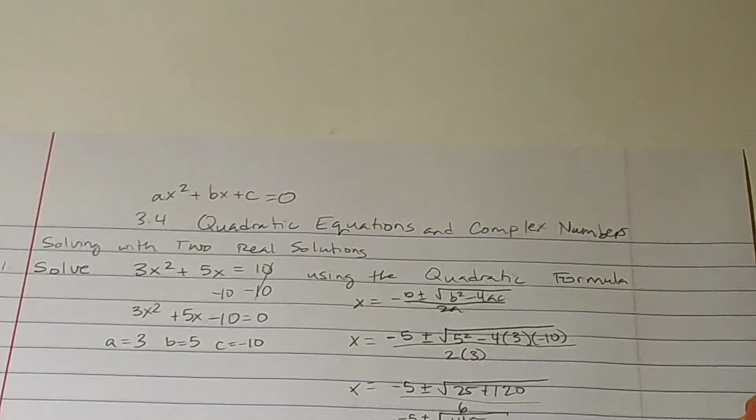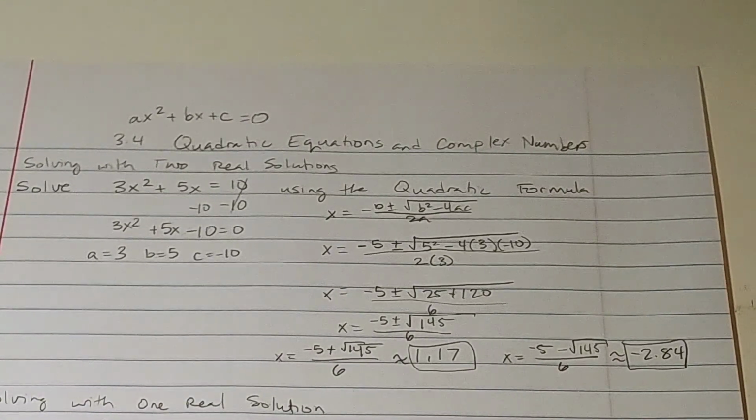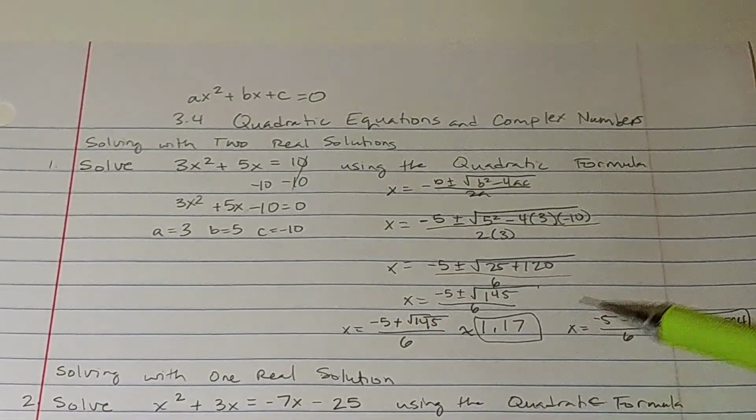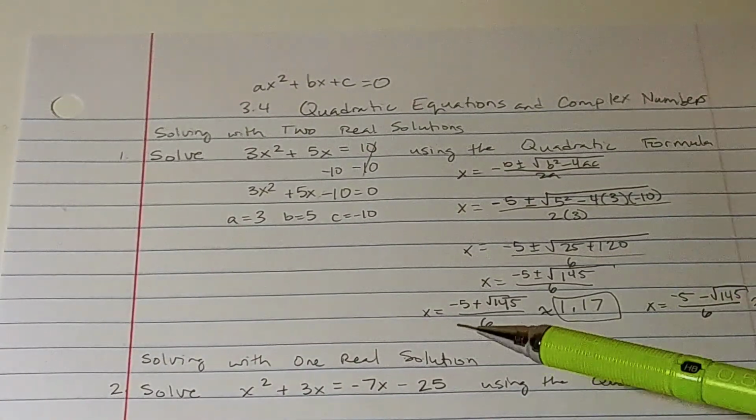And there we go, our two solutions. Those are still real, even though they're decimals. So those are two real solutions.